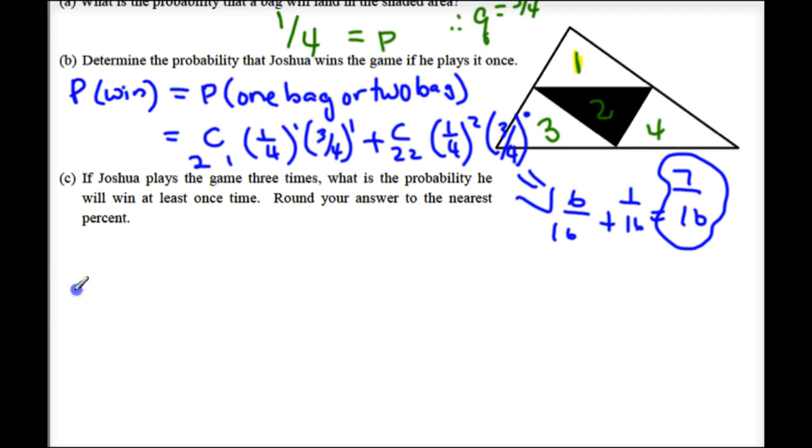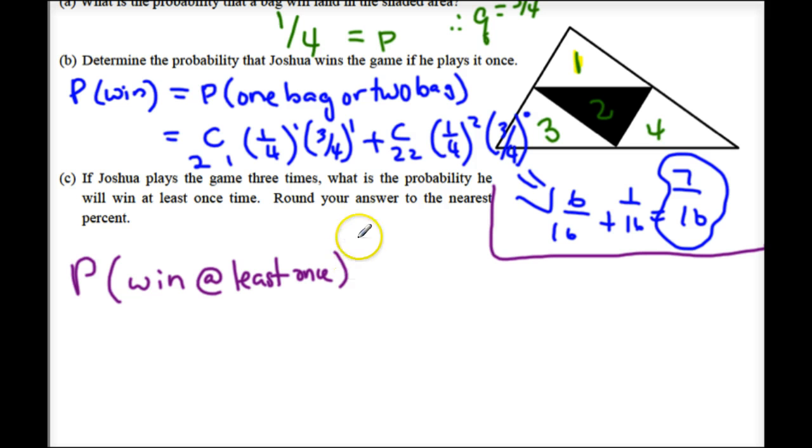So the probability of winning at least once is equal to 1 take away the probability that Joshua won't win at all.